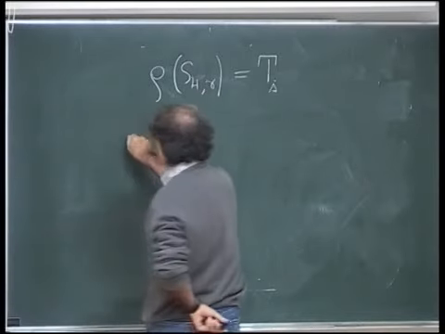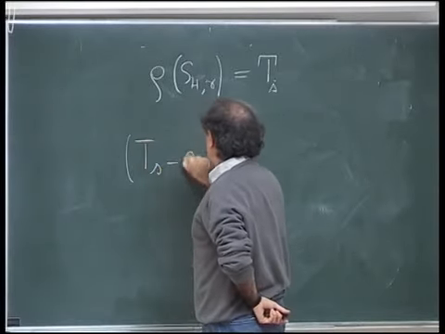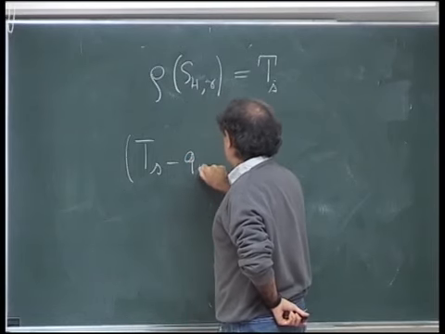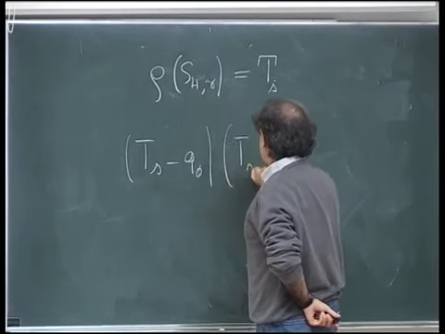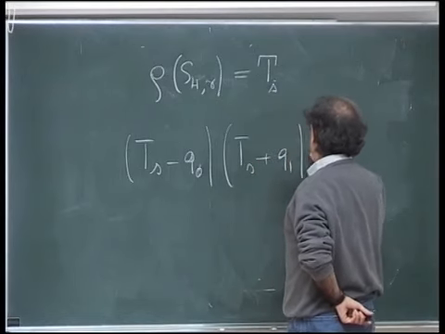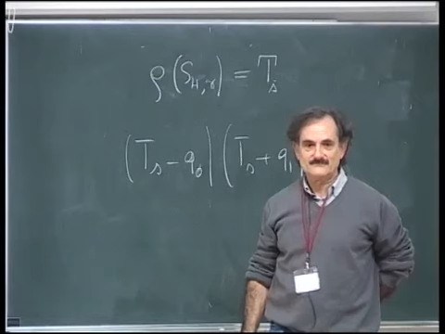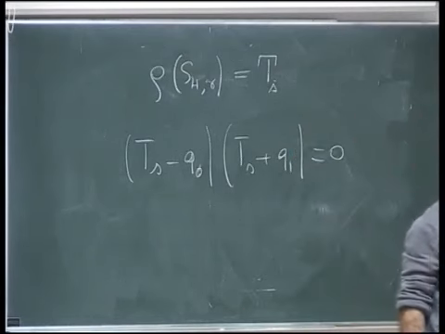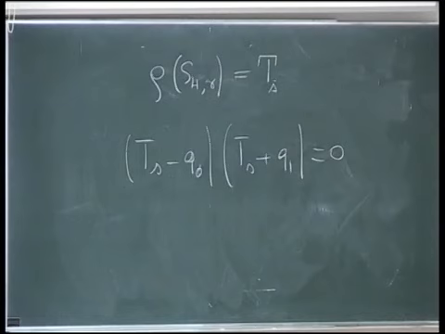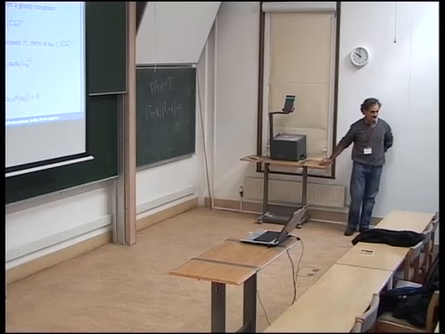And the equation is (TS minus Q0)(TS plus Q1) equals 0. So it has something to do, of course, with Hecke algebras, and this will be the subject of the next talk. Thank you.